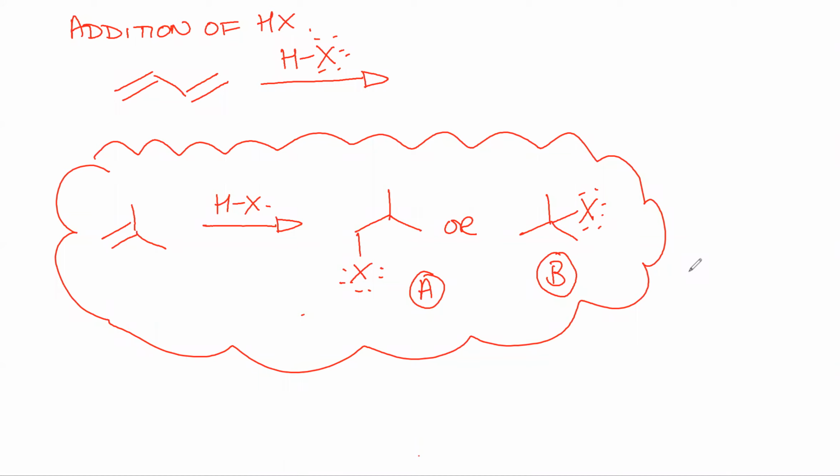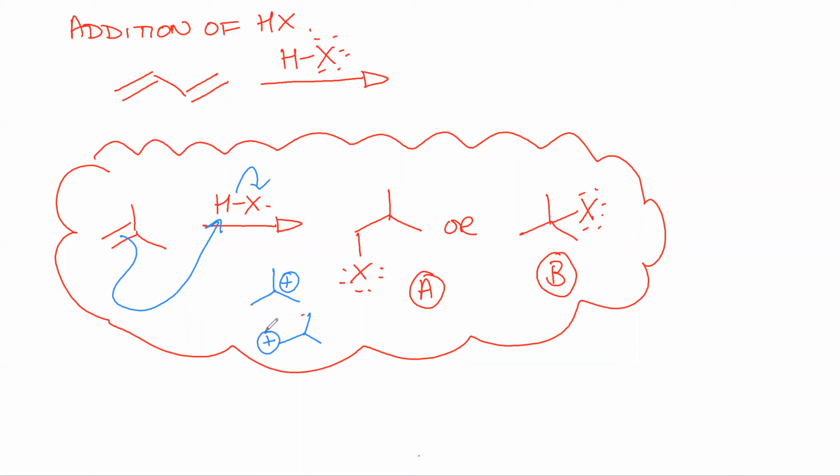You're right, it is B, because why do we form B? Do we want a carbocation like this, or do we want a carbocation like this?